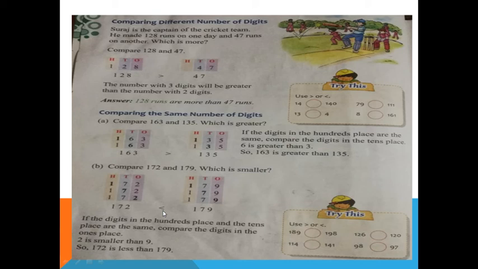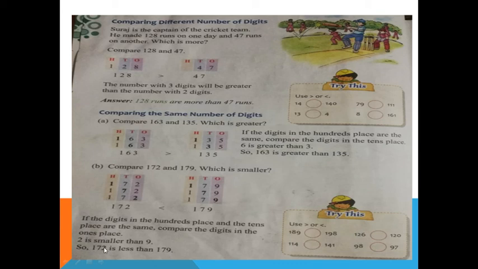If the digits in the hundreds place and the tens place are the same, compare the digit in the ones place. For example, see 172 and 179. The hundreds place is the same, and the tens place is also the same, 7. But the ones place is 9 in one and 2 in the other.